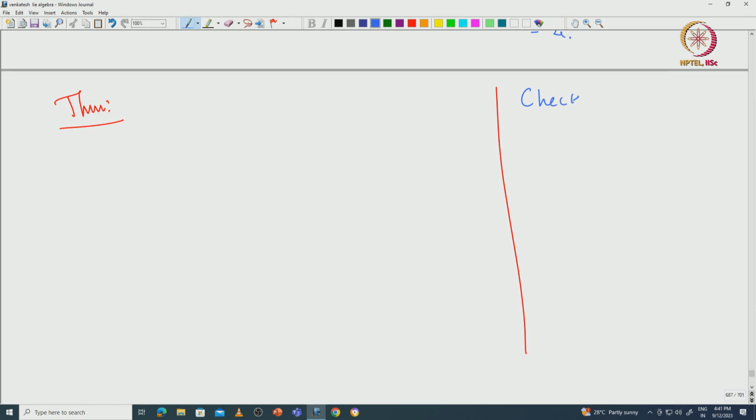This is something you check: phi is irreducible if and only if the Dynkin diagram of phi is connected. It is basically a connected directed graph, that is all.